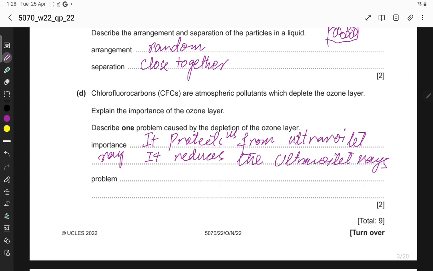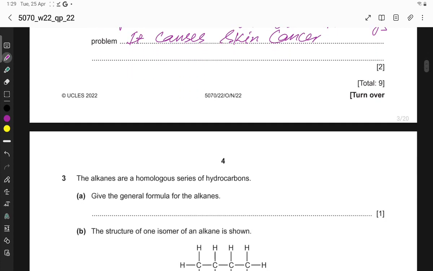Problem: one problem caused by the depletion of the ozone layer. It causes skin cancer. You can write down only one, so no need to write down two or more. So it causes skin cancer.